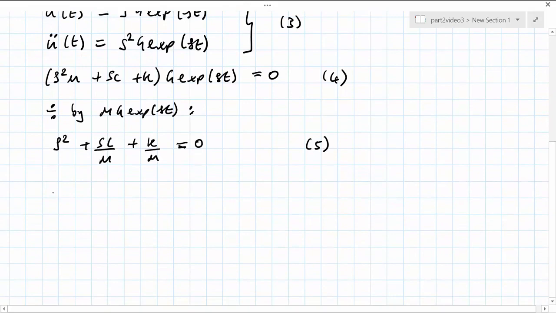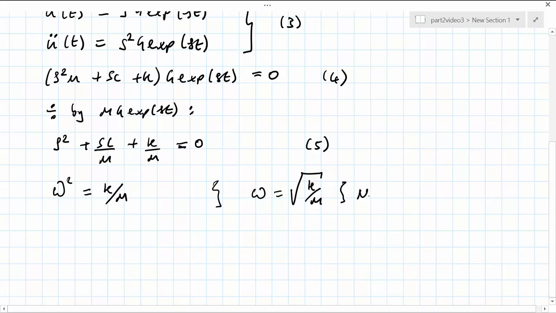We can then define the quantity omega squared as being equal to k over m. This is an important quantity, as omega, which is equal to the square root of k over m, is what we call the natural frequency.